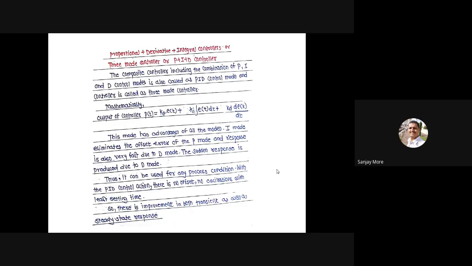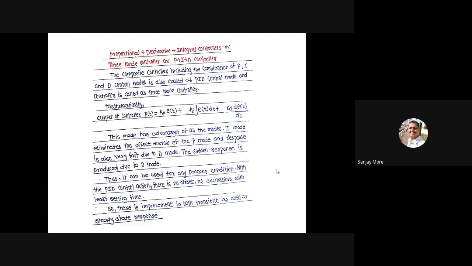So the three mode controller or PID controller is the combination of proportional plus derivative plus integral controller. That's why it's called a three mode controller, or also a composite controller. The output is the combination of three outputs: proportional output plus derivative output plus integral output.